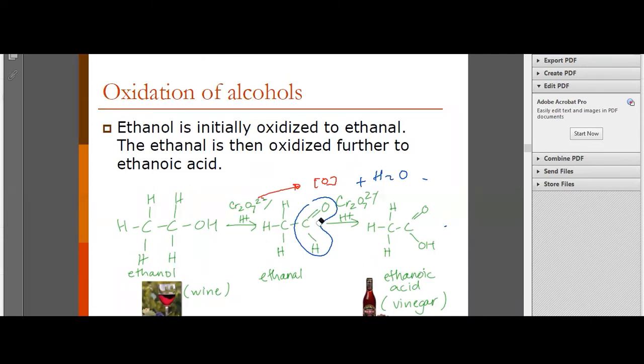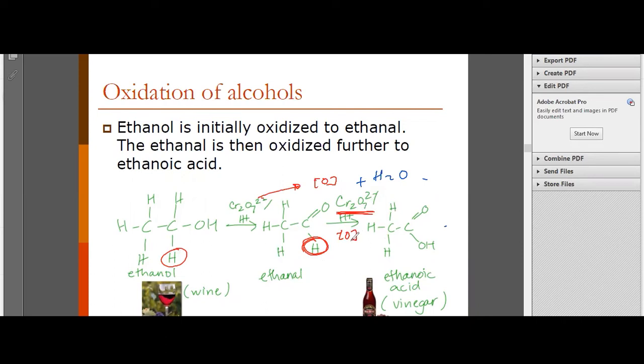Aldehyde still has a hydrogen. You can see that this is still a carbonyl hydrogen, still appearing from the beginning. So aldehyde can undergo further oxidation. Once again, if potassium dichromate is in excess, it still supplies oxygen.